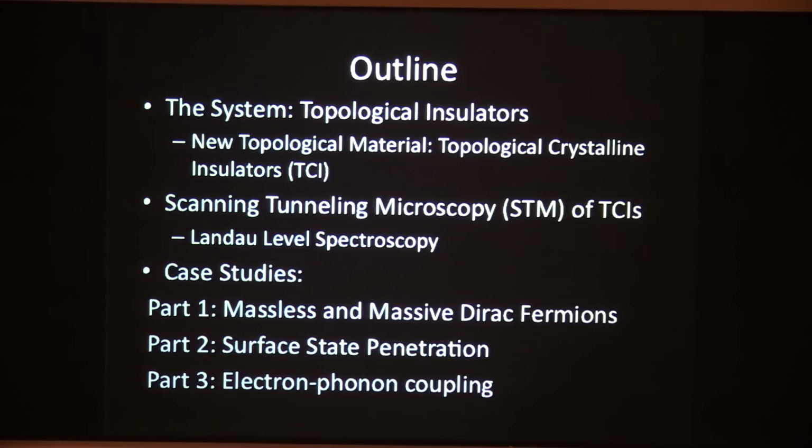So if you close the bulk gap, then the penetration depth of the surface state electrons actually increases. And if you were to touch the conduction and the valence band together, the penetration depth is predicted to go to infinity. And I'll show you how we can actually measure this. Okay? This is a very important thing because that's how the material goes from a topological to a trivial phase.